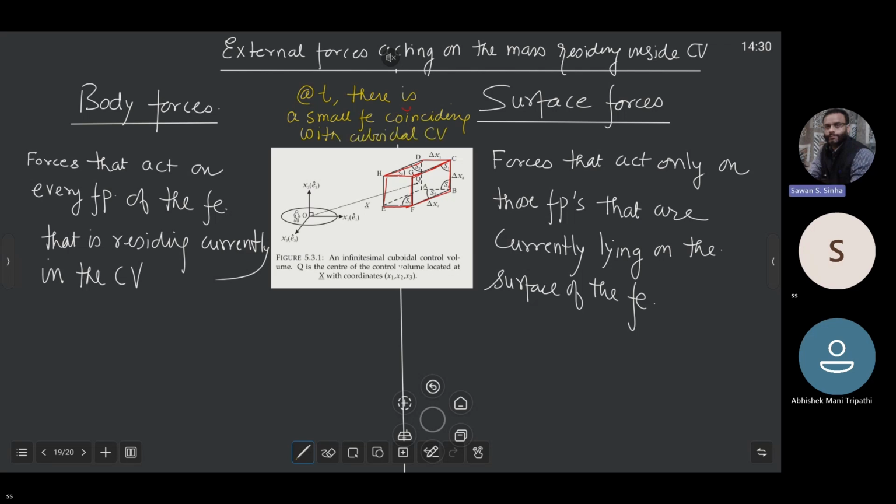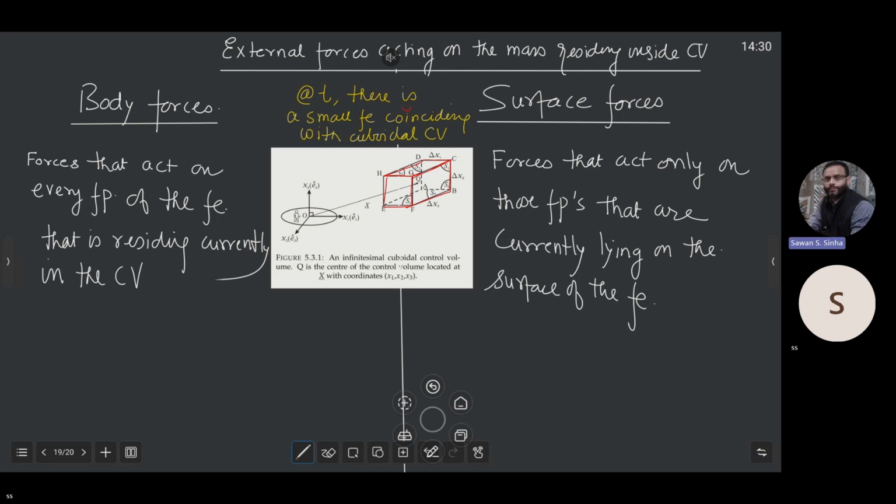There is a fluid element coinciding with that. A fluid element has numerous fluid particles. We have discussed this concept. It's like a hierarchy. Fluid particle, and then you go to fluid element. A fluid element has several fluid particles. All those fluid particles make that fluid element, of course, at this point.